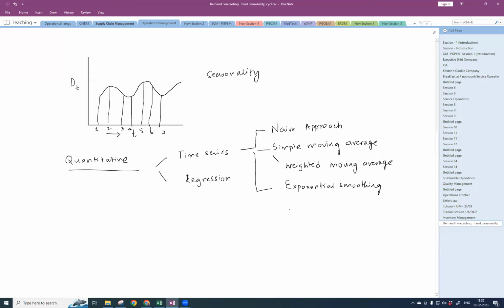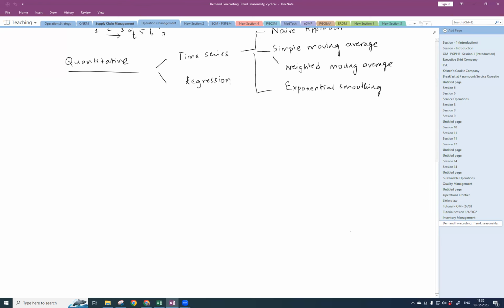Okay. Now, let me spend some time showcasing the weighted moving average and exponential smoothing a little more than what we have discussed. For simple moving average and the naive approach, you can refer to the slides or the earlier discussion. Now, in weighted moving average, I'm representing moving average as MA.